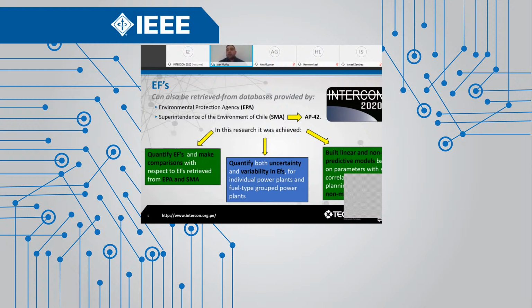This attempt to build linear and non-linear models is a good input for models that can be used, for example, for determining capacity expansion with some emission targets. Depending on the application, we can use linear or non-linear models, considering the computational cost that non-linear models involve.